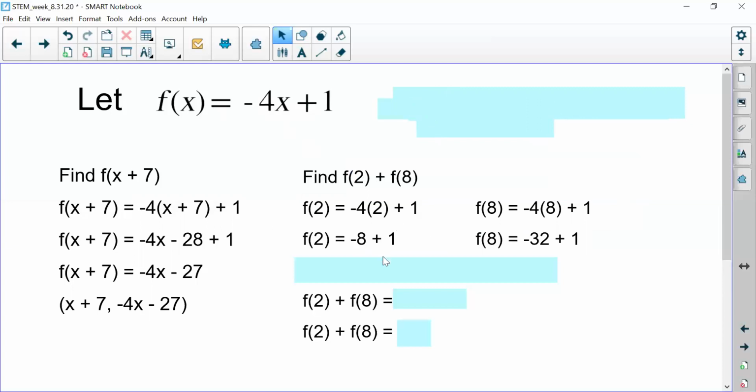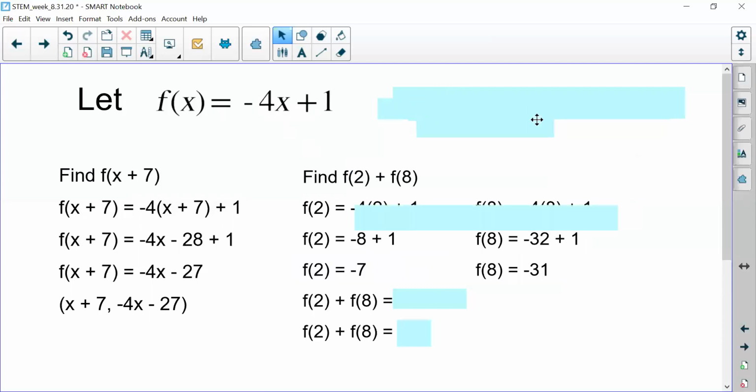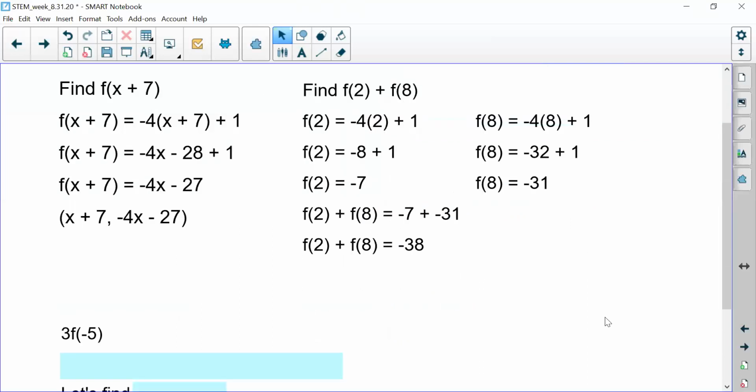This is negative 8 plus 1, negative 32 plus 1. I get negative 7 and negative 31. F of 2 is negative 7, f of 8 is negative 31. I was asked to add them, so I add them up, and I get negative 38. So f of 2 plus f of 8 is negative 38.